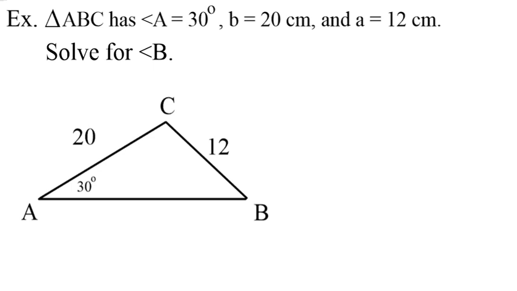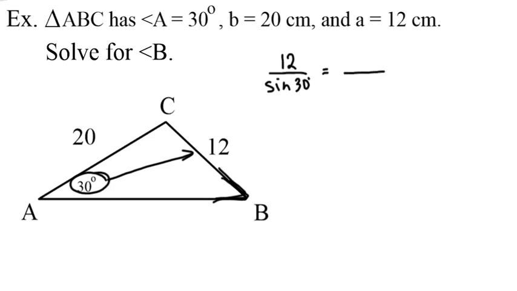Will the sine law work here? It will. Why? Because we have the angle side ratio. So we can set it up. 12 over sine 30 equals, trying to find angle B, so sine of B over side B, which is 20.